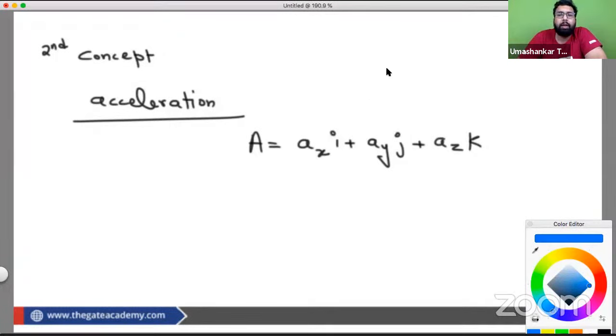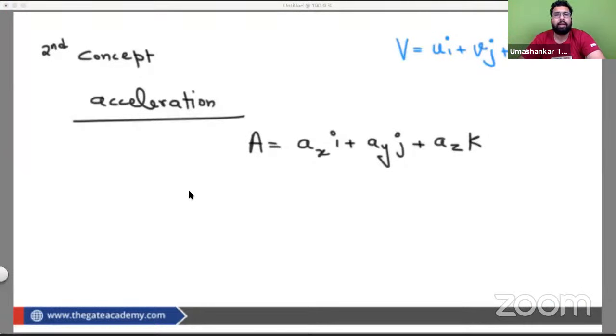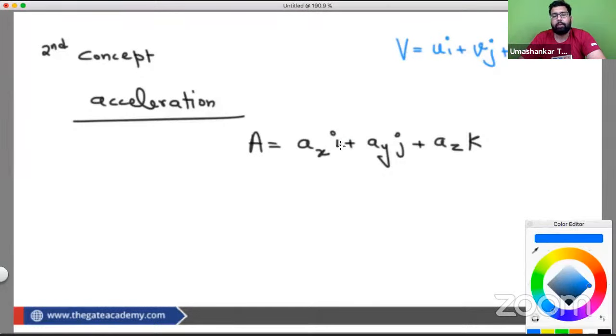To find any of it, the input data must be u, v, and w. By using this u, v, and w, you can find the acceleration and the angular velocity. Later on, you can find the vorticity and the circulation. I hope it is fine to all of you.